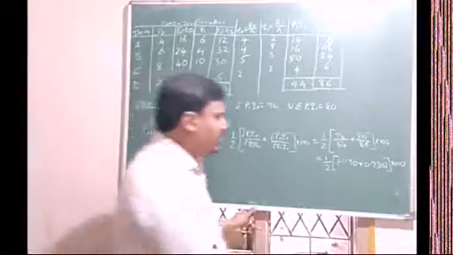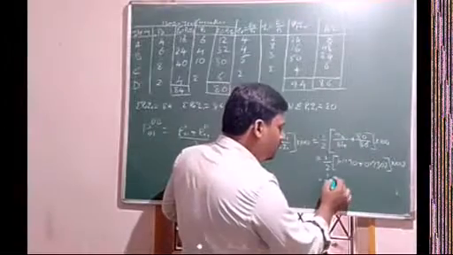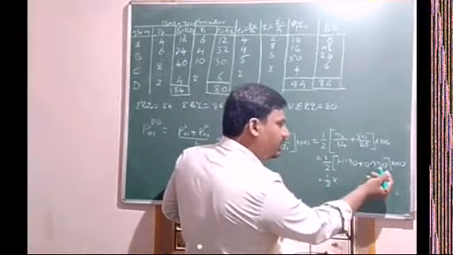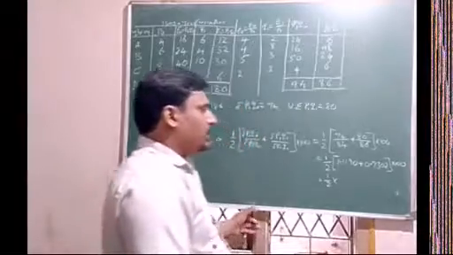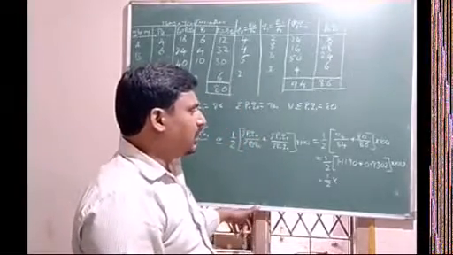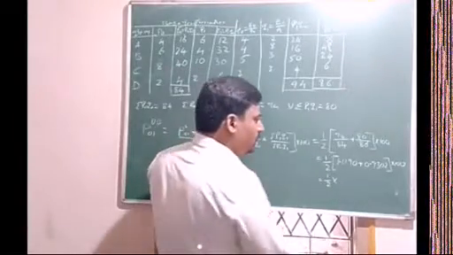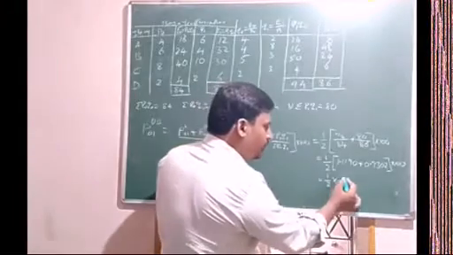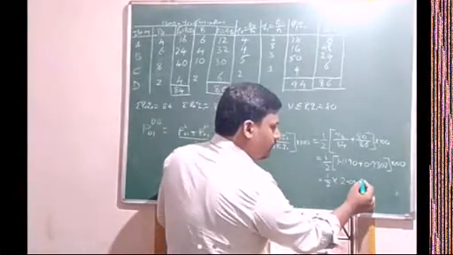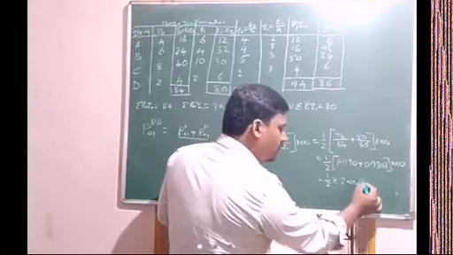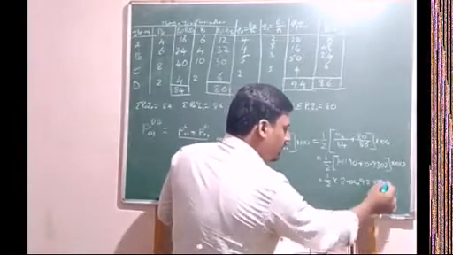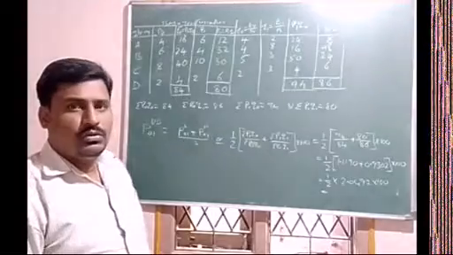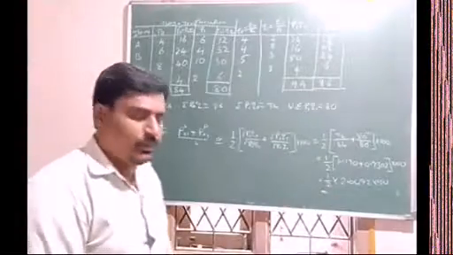Okay, now add these two. 1 divided by 2 into 1.119 plus 0.9302. So that is 2.0492. Okay, into 100. Now multiply 2.0492 into 100 divided by 2.